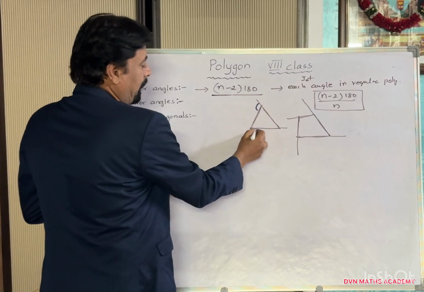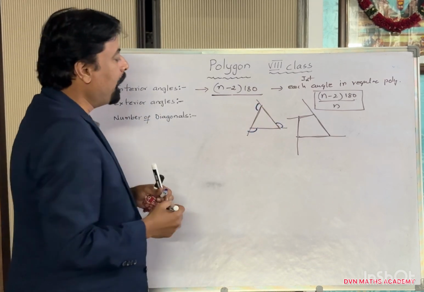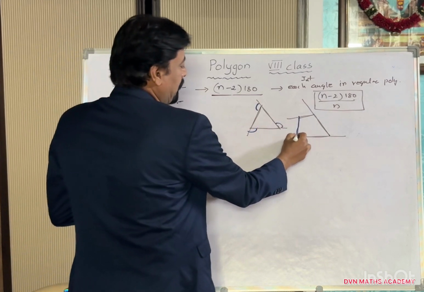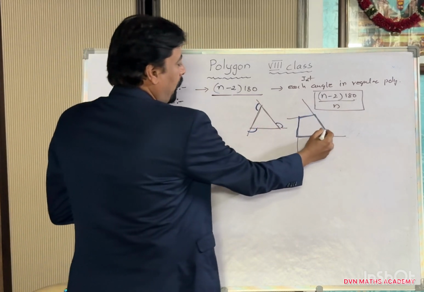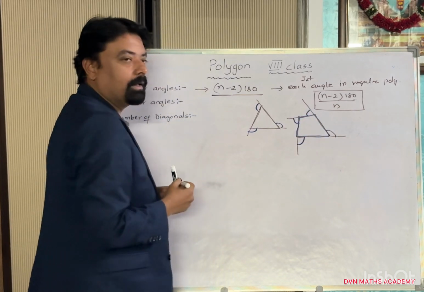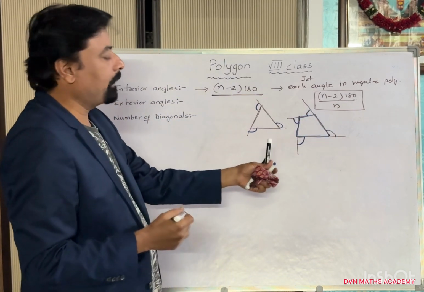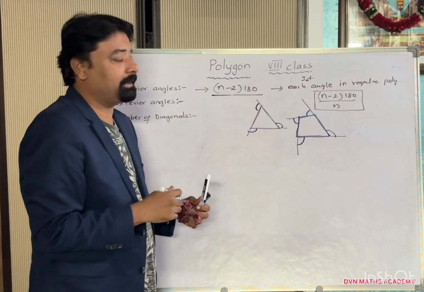This is one exterior angle, this is one, and this is one in a triangle. If you go for the quadrilateral and extend all these sides, I got 4 exterior angles. If you go for the pentagon, you will get 5 exterior angles. If you go for the decagon, you will get 10 exterior angles.